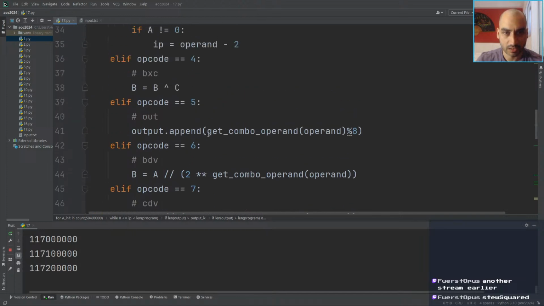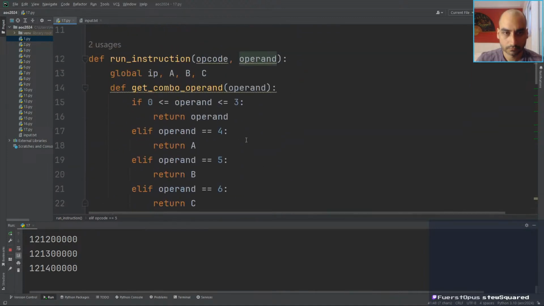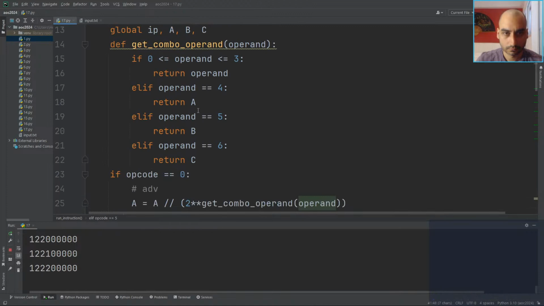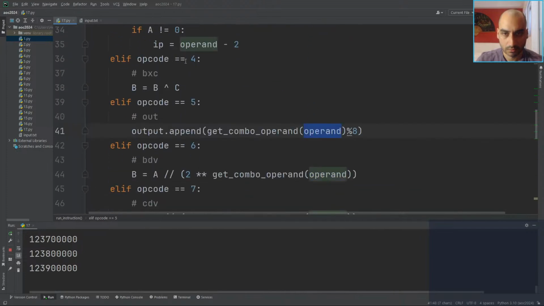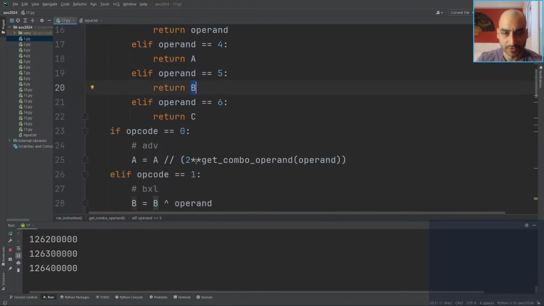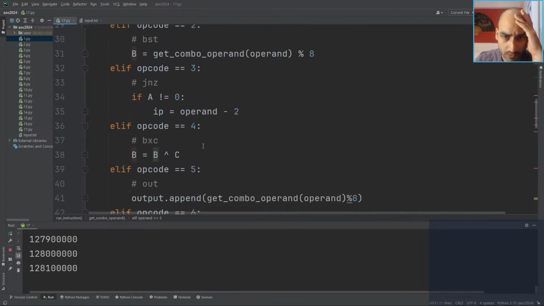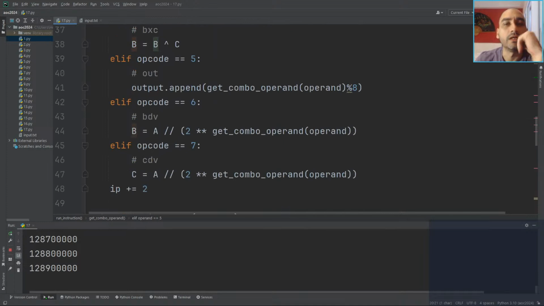So at some point we need the operand to be the number 2, right? That's the only way. Oh, no, these could be A, B, or C. Could also be 2 modulo 8.